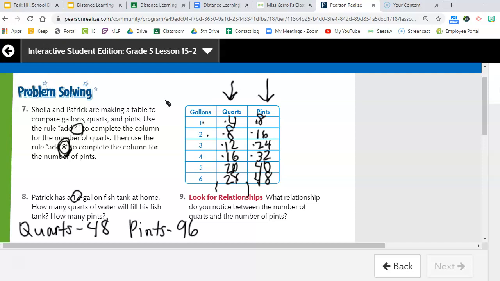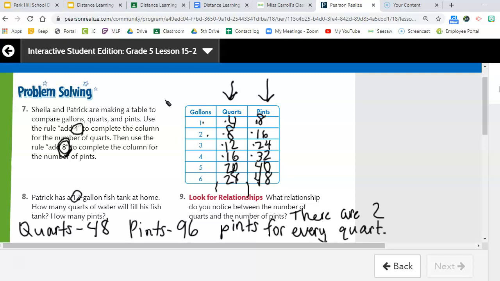So you do your quarts times 2 to get to your pints. Or you could think of it as the number of quarts is half of the number of pints. Okay, so you're just doubling it to get from quarts to pints each time. So the relationship is there are 2 pints for every quart.